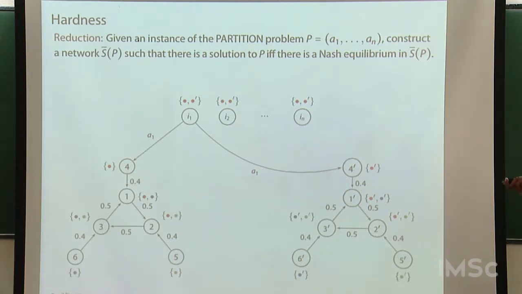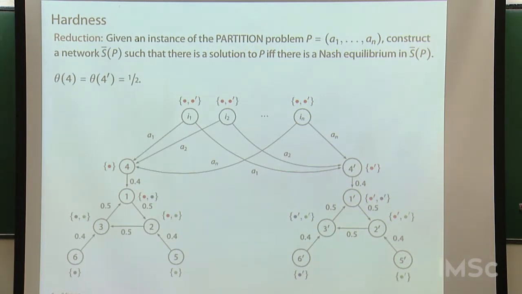Okay, so that's sufficient. So from the node that we have just added, I1, which corresponds to index 1, you add 2 edges to the nodes 4 and 4 prime. The weight is simply a1. From the second node, you add 2 edges to 4 and 4 prime. So is this network clear? And the threshold for 4 and 4 prime is simply half.